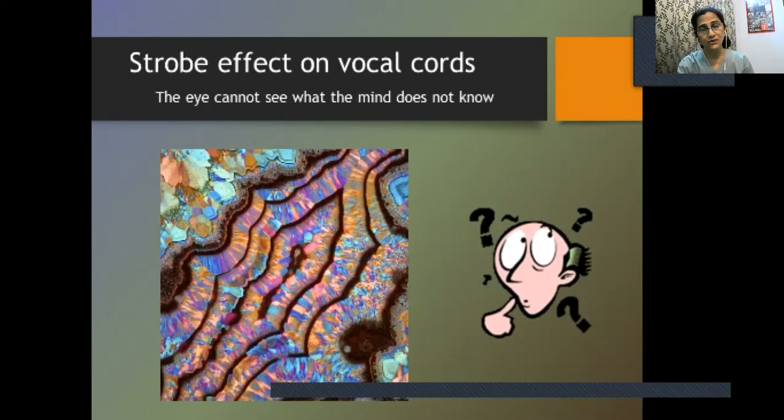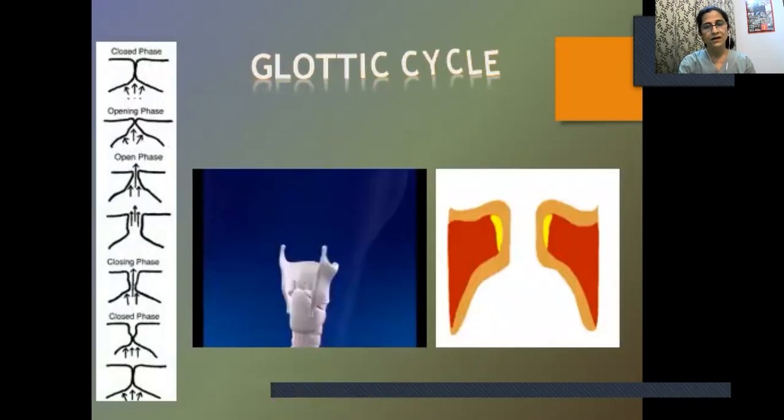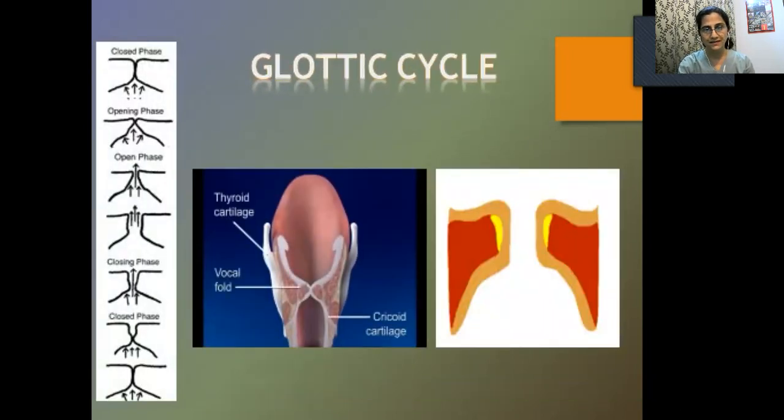So what is its effect on the vocal folds? Let us see. You all are familiar with the glottal cycle, where subglottic pressure is built up, the vocal folds are spread apart, the pressure is released, and the vocal folds come back together in the center. That completes a glottal cycle.